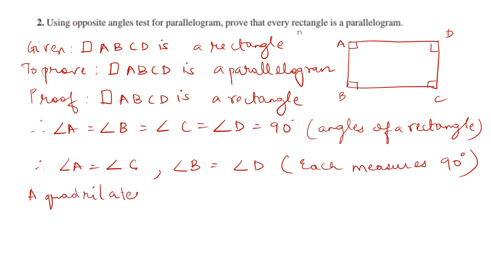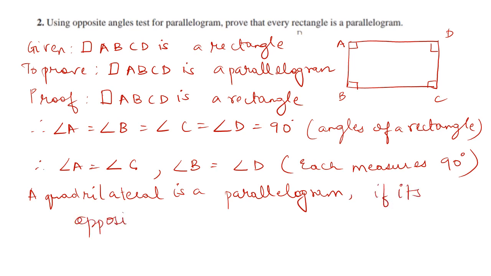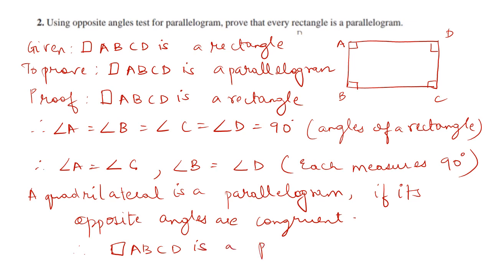A quadrilateral is a parallelogram if its opposite angles are congruent. So we have proved that its opposite angles are congruent. Therefore, we can say that ABCD is a parallelogram.